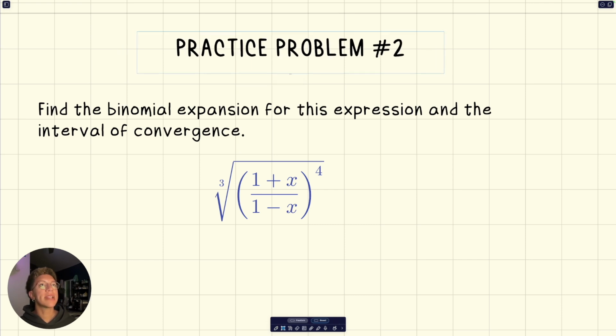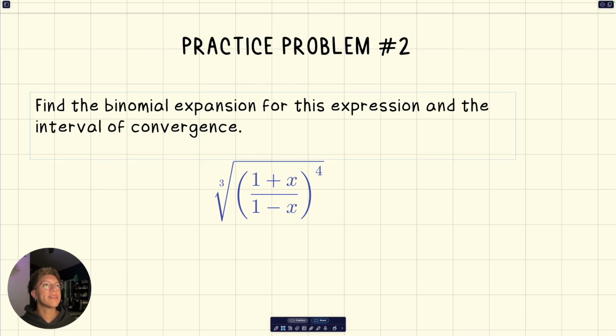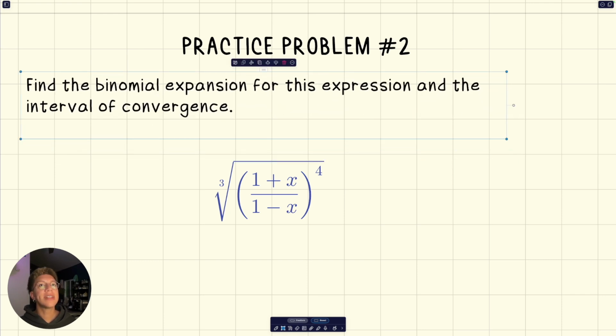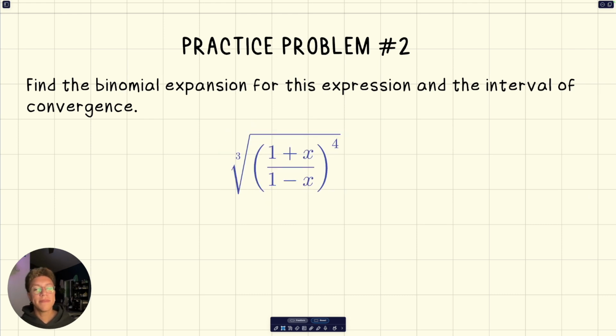Okay, so practice problem number 2. We're again finding the binomial expansion for this expression and the interval of convergence. So I'm going to start off and say, well, this looks pretty unfamiliar, but in some ways it also kind of looks familiar. And just like with that first question, the very first thing we need to do is take this and convert it into our standard form.